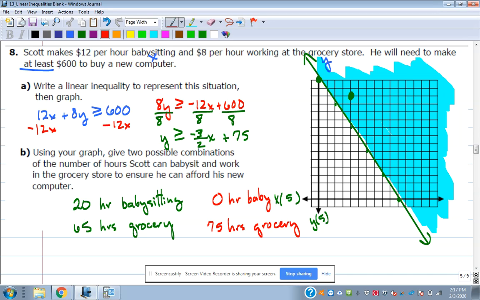What would be the case if I didn't have the equal to mark? Would those 2 points on the axes count? They would not count because the line would be what? Dotted, and the dotted line means that the points on that line don't count.